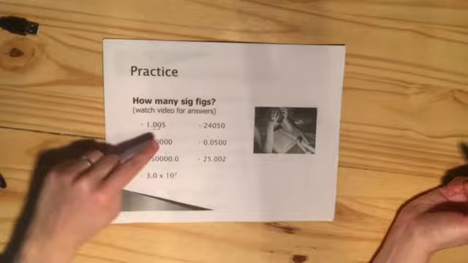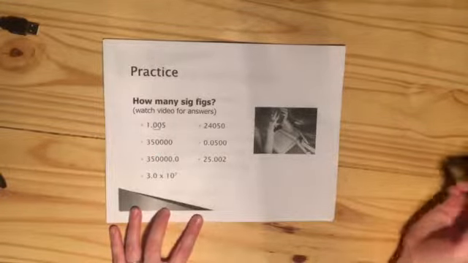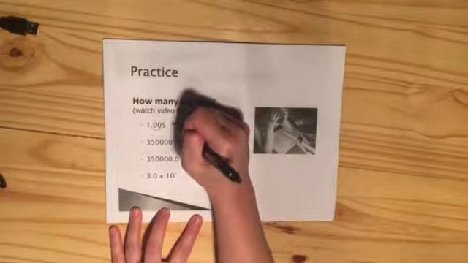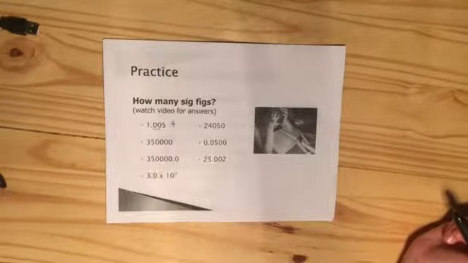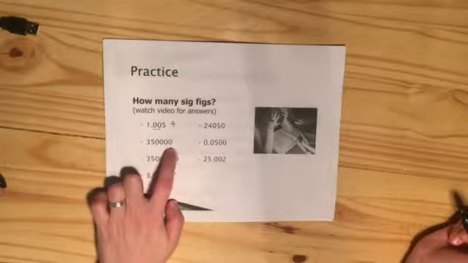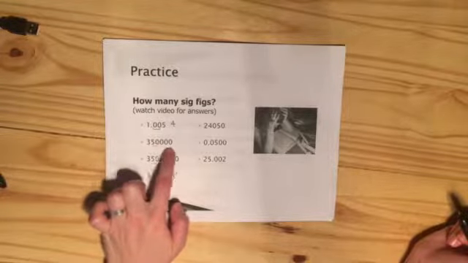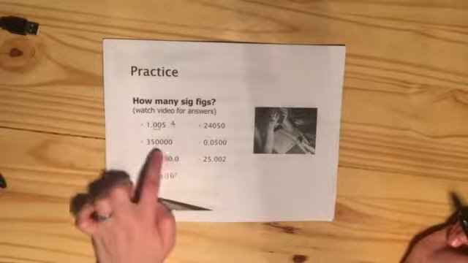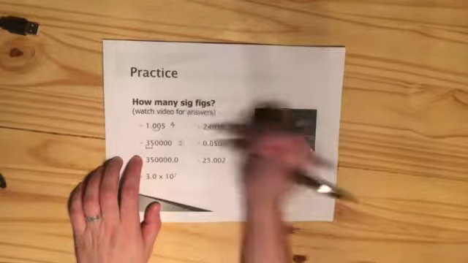They are significant always because they're in between two non-zero digits, and so we have 4 significant figures. Here we have 35, and then we have these 4 zeros with no decimal place. Therefore, these are just placeholders, and they are not significant. And so we just have these 2 significant figures.